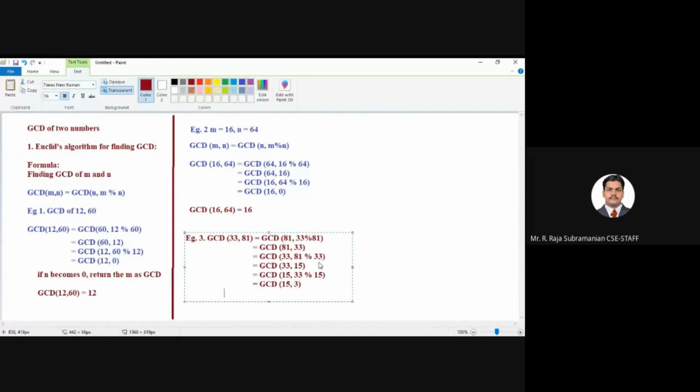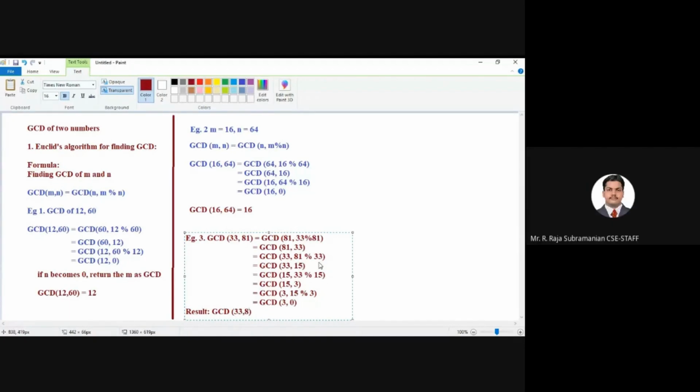Again, GCD of 3 comma 15 mod 3, which gives 3 comma 0. Do I need to continue? Enough. So GCD of 33 comma 81 is 3.